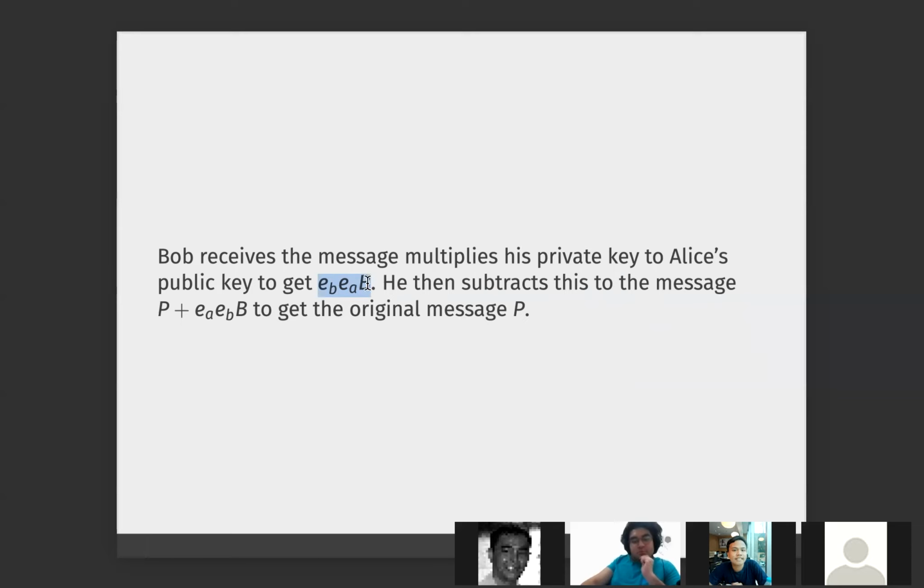Once you get this expression, you subtract it from the message, and all you get is the original message, P. So that's encryption and decryption using elliptic curve cryptography.